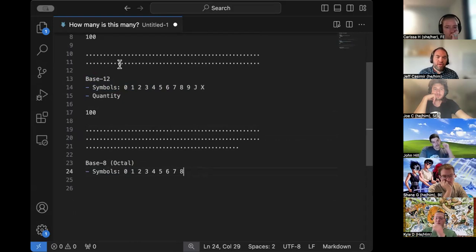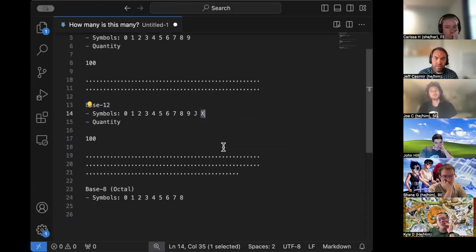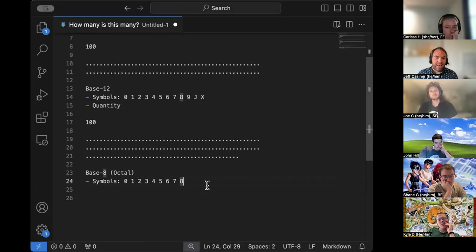And a notable thing when we start to talk about bases is that decimal, aka base 10, doesn't have a symbol for 10. Base 12 doesn't have a symbol for 12. This is a symbol like for 11, you decimal people would say. Okay, base 8 doesn't have an 8. It has 8 symbols, but one of them is not 8.